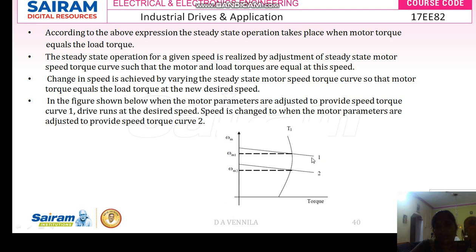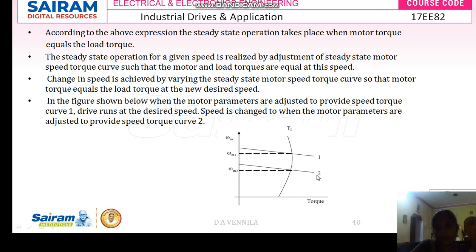In order to get speed torque curve 1, the motor parameters should be adjusted so that the motor runs at the desired speed.